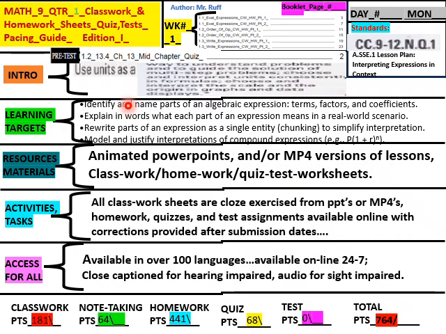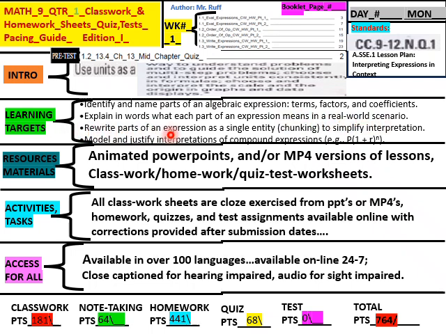Then our learning targets are: identify and name parts of an algebraic expression, terms, factors, and coefficients. Explain in words what each part of an expression means in a real-world scenario.